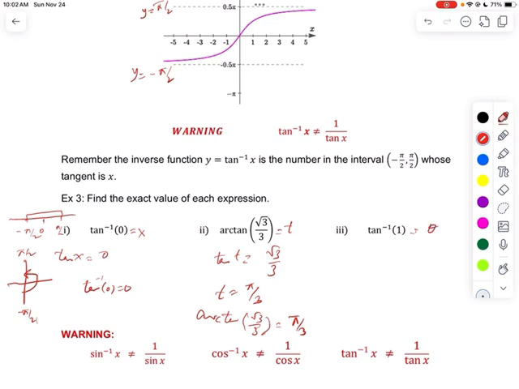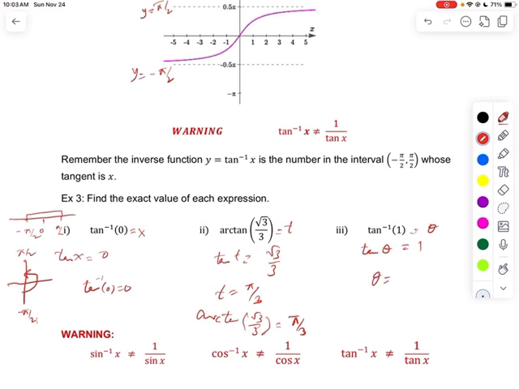Similarly, let's say this is equal to t, or x, or any variable. You can take y, z, theta, alpha, any value. Which means tangent of t is equal to square root of 3 over 3. Again, go back to your table and see what t value has its tangent equal to square root of 3 over 3.